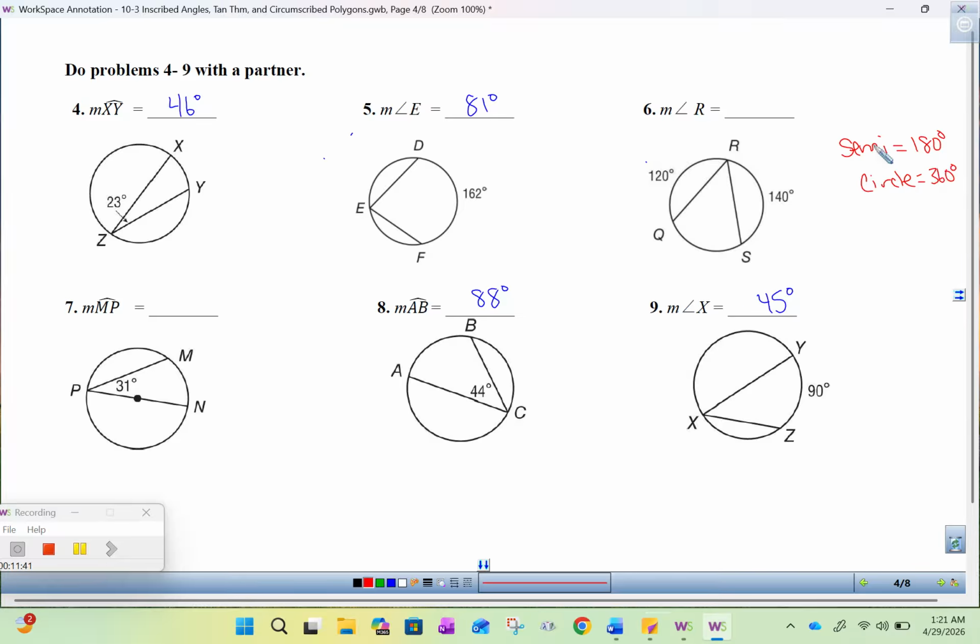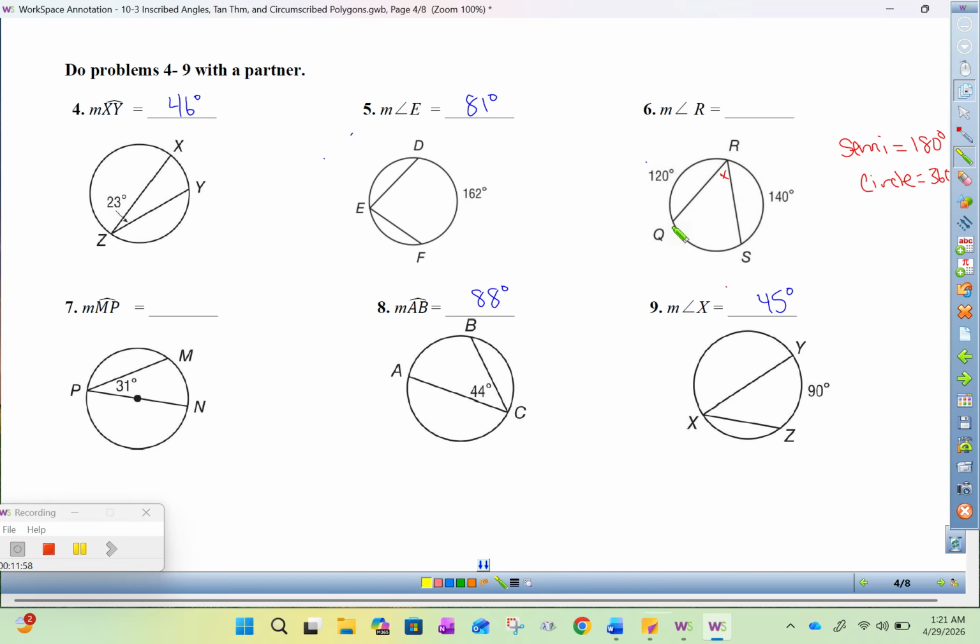Okay, so for this one, we are trying to find the measure of angle R, which is an inscribed angle, but I don't have the angle across, or the arc measure across from it. So that means I'm going to need to find it. So, dealing with this arc measure here, we, combined with the 120 and the 140, have a full circle.